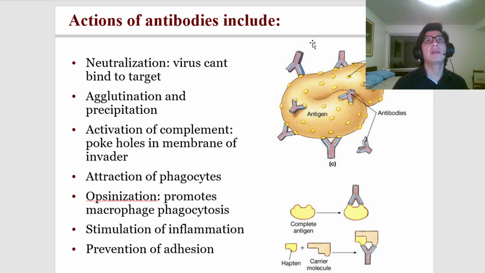So once an antibody recognizes a foreign substance, what are its functions? It neutralizes the particular substance. For example, if it neutralizes the crown region of the coronavirus, then the coronavirus can no longer bind to its target.